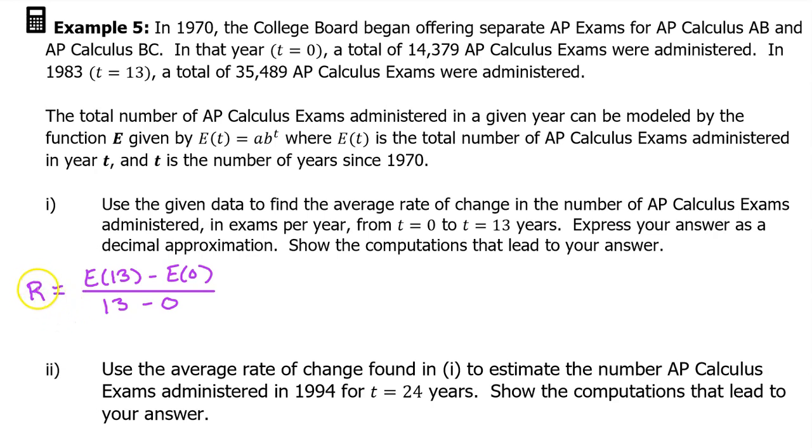This time let's define the letter r as being equal to the average rate of change right from the beginning. On the interval from 0 to 13, the average rate of change of E will be given by this expression. In the setup, we were given the values of E at 13 and E at 0. So now we have this. Let's just put this into the calculator to make the decimal approximation.